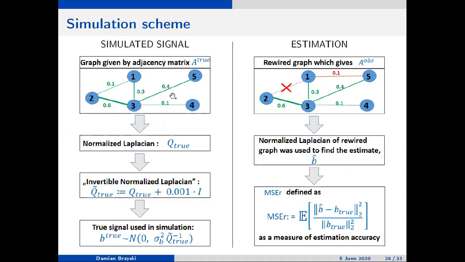This is the adjacency matrix which was used for generating the true signal in simulations, and we rewired the graph corresponding to this matrix, which means that we destroyed some connections and added some other connections, and as a result we built the matrix which we assume is known for the estimation purpose. And we use only this observed, so this rewired matrix, for the estimation. So this is the general simulation scheme which we used.